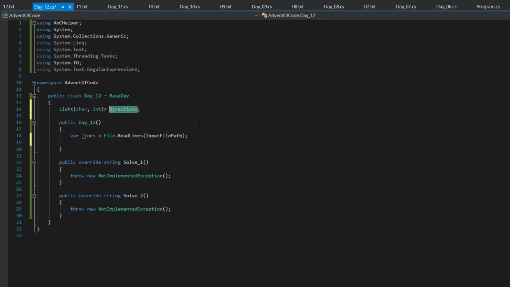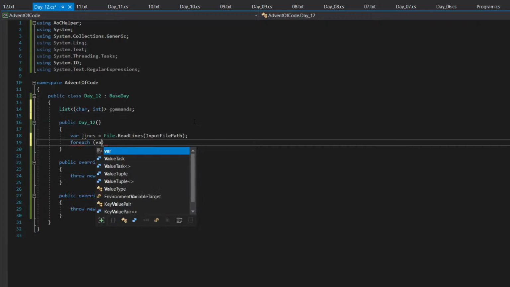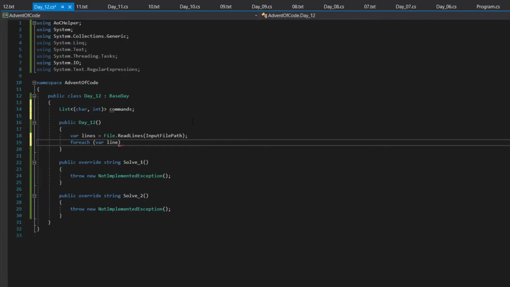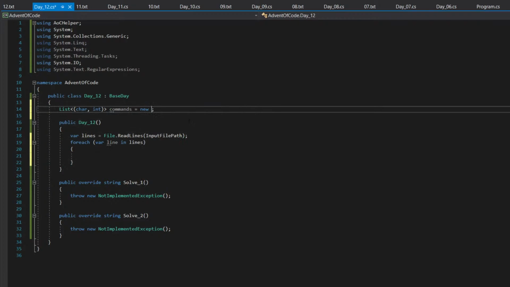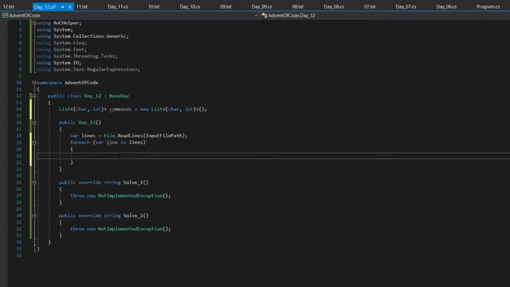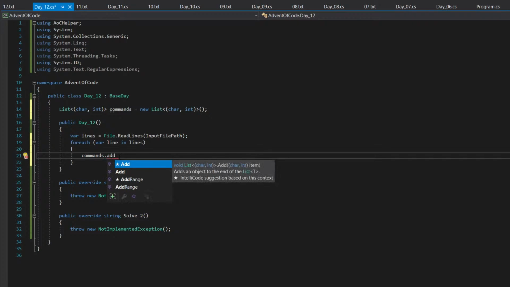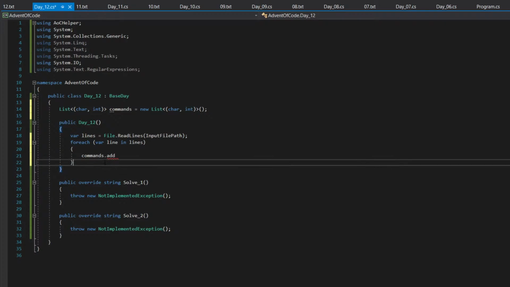Let's call this commands. So for each line, we're going to say, I guess we can do this.